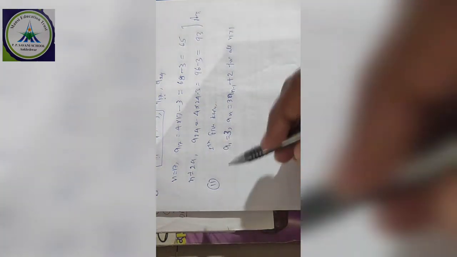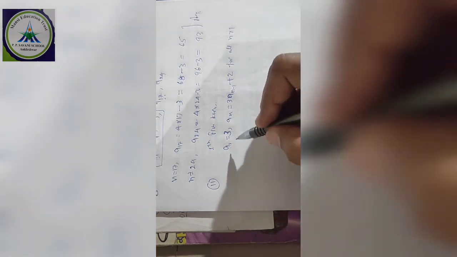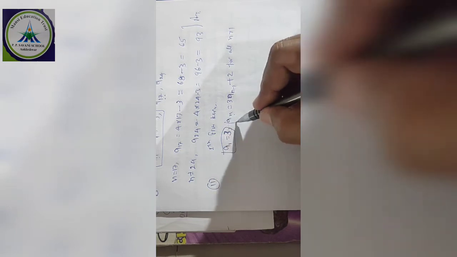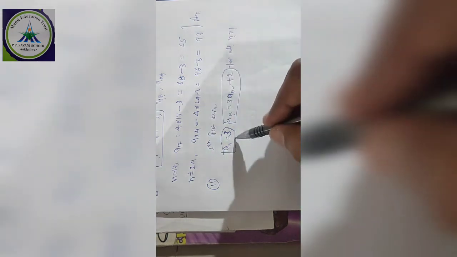This is a new type of question for you. A1, the first term, is given. An means the last term is already given. For n greater than 1, n is not equal to 1, so we use n as 2, 3, 4, 5, not 1. The first term is already given, so we find only the first 5 terms.